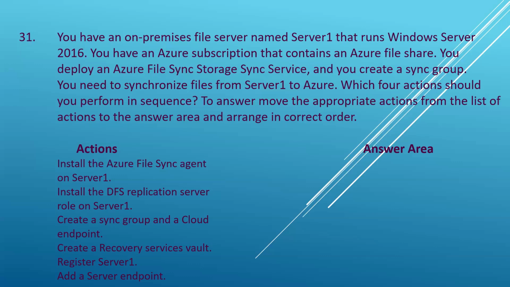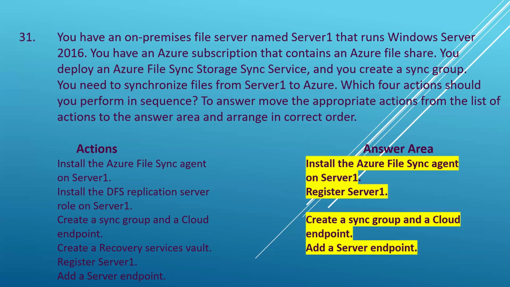In order to perform this, first of all, you'll install the Azure file sync agent on the on-premise server. In this case, the server is Server 1. Then you will register the server, followed by creating a sync group and a cloud endpoint. You'll finish the setup by adding a server endpoint.